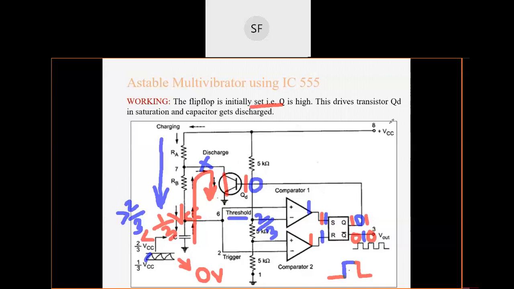As soon as you give the VCC supply to this circuit, at the output you can observe a rectangular wave alternating between high state and low state, high low, high low. So this is the complete working.